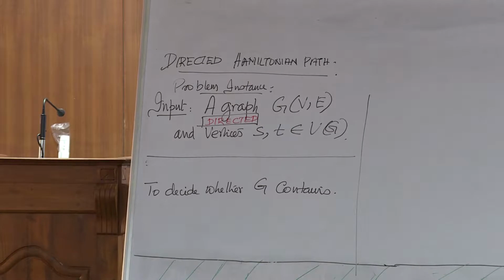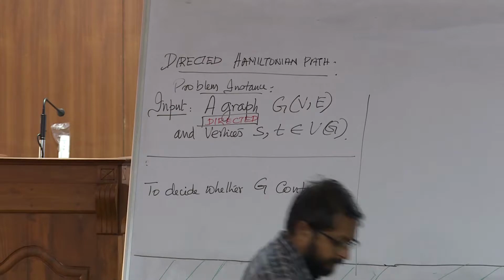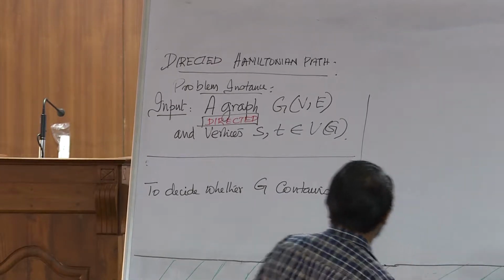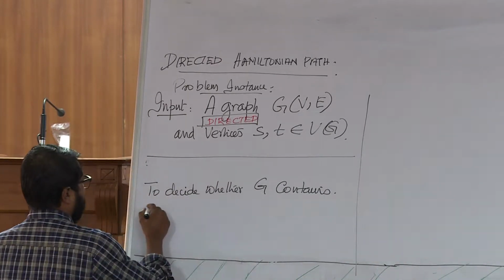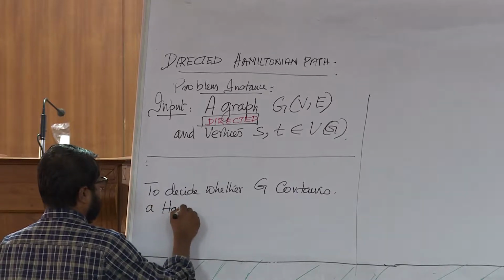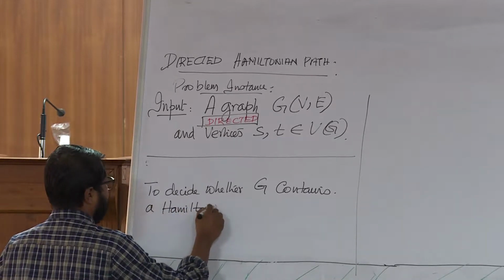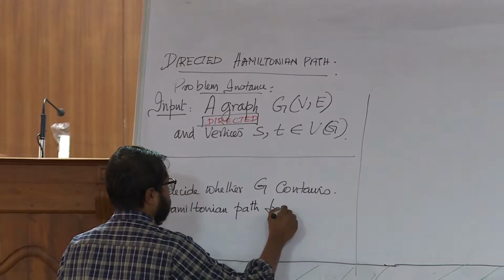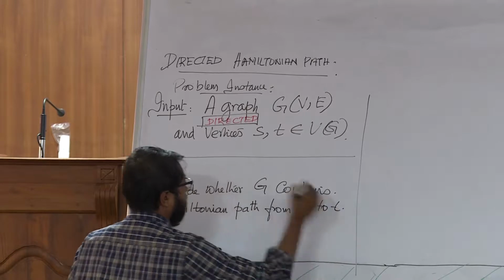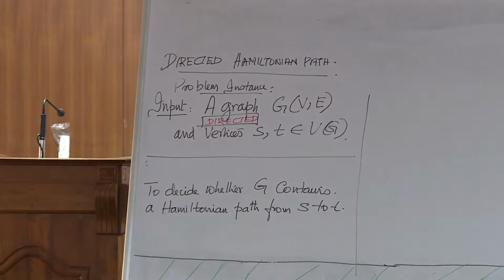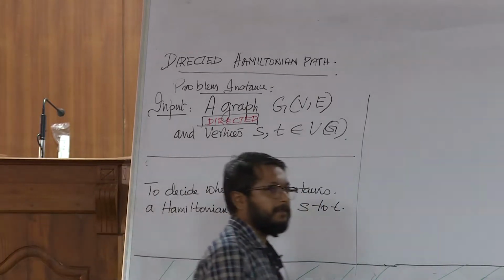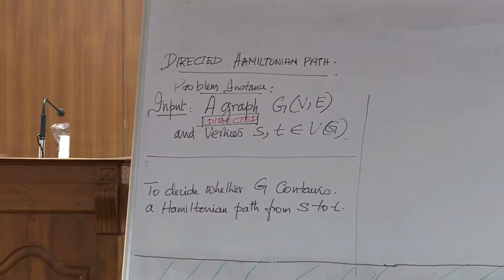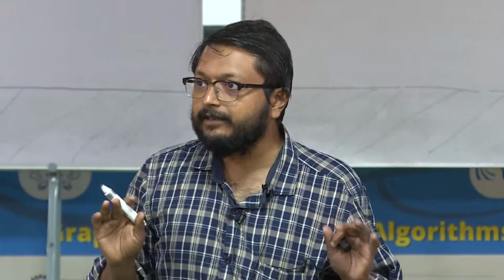I want to check whether the graph contains a Hamiltonian path S to T. That means a path which starts from S, visits every vertex exactly once, and ends up in T. Is this very clear?